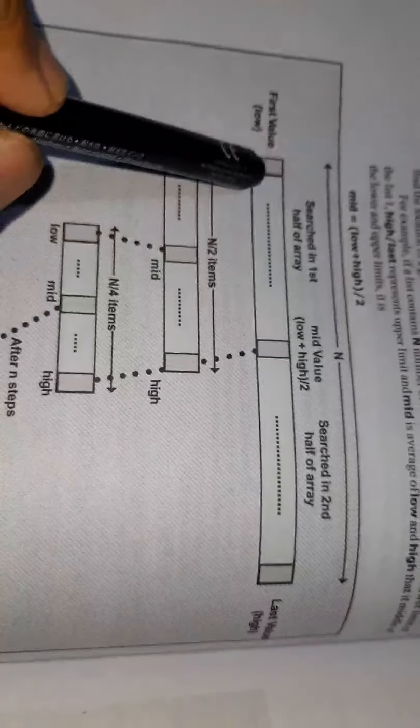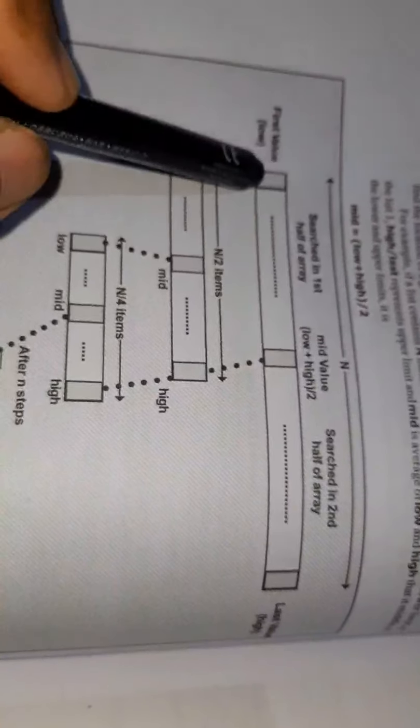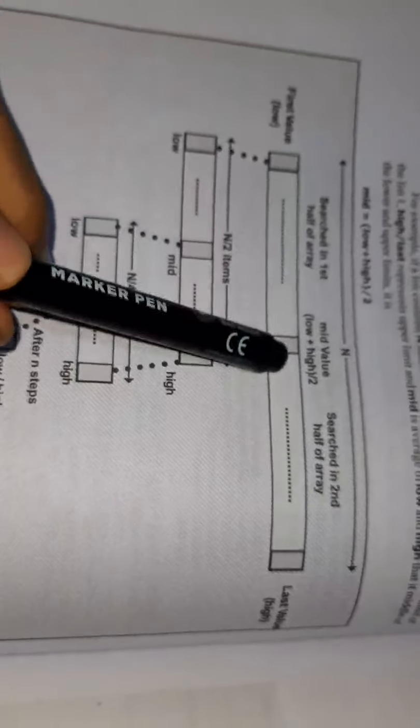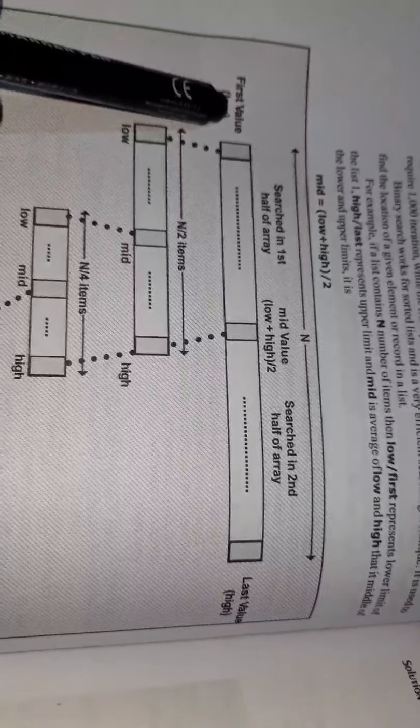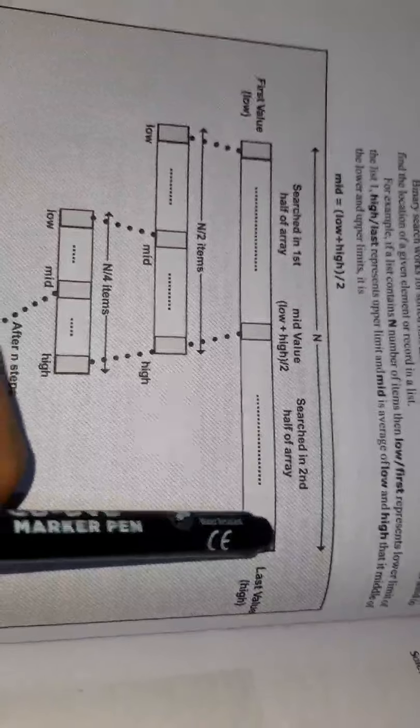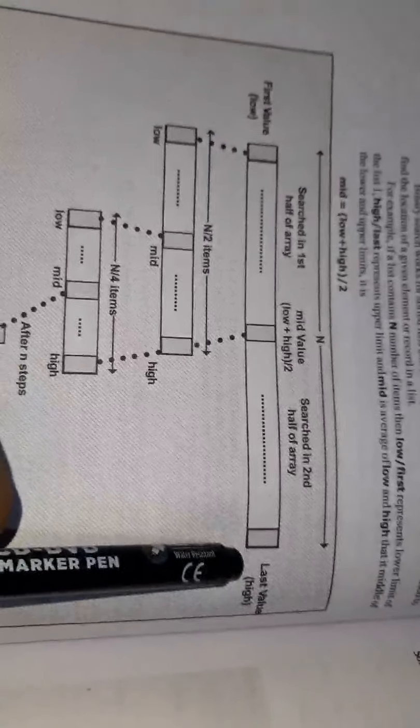But in binary search it is very important that the data are sorted and stored in ascending order. So it will be 1 2 3 4 5 6 7 8 9 10. Clear? So the first value, 1, will be the lowest order number, and the last value, 10, will be the highest order number.